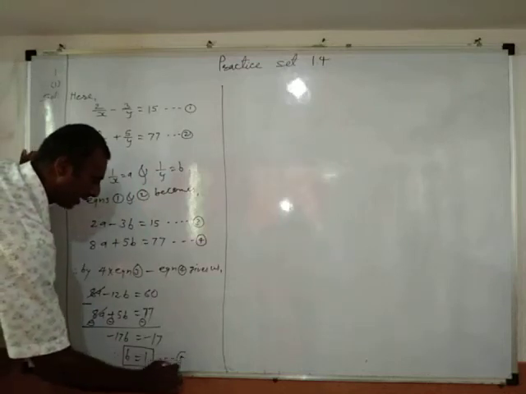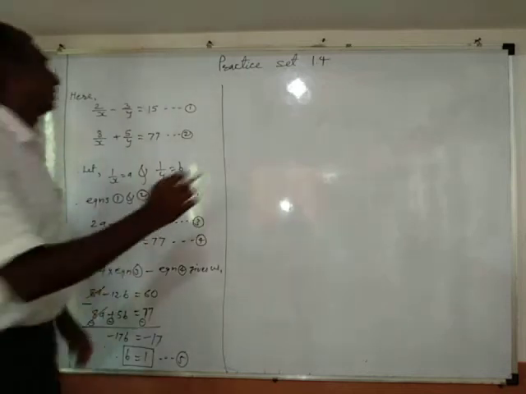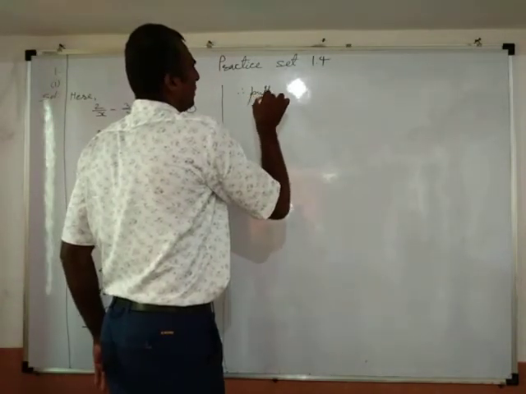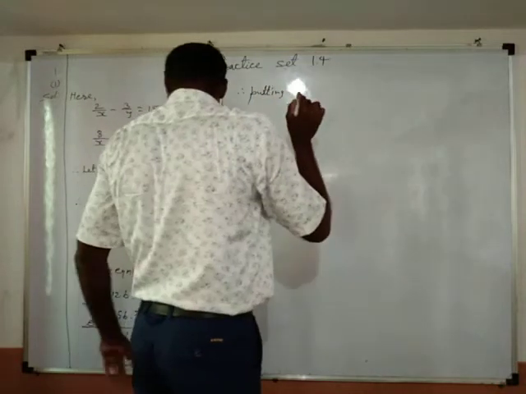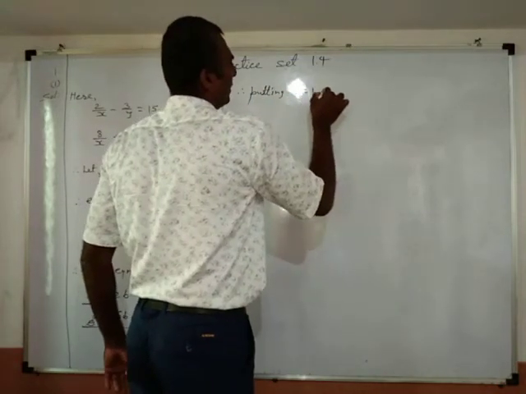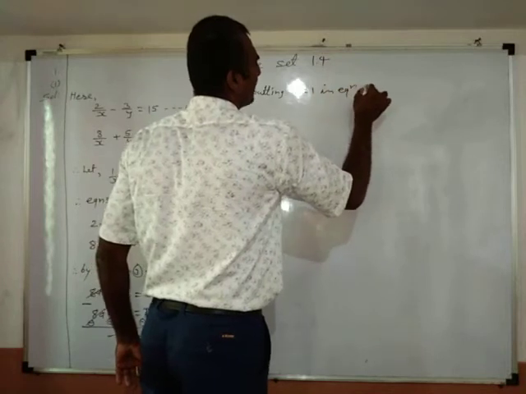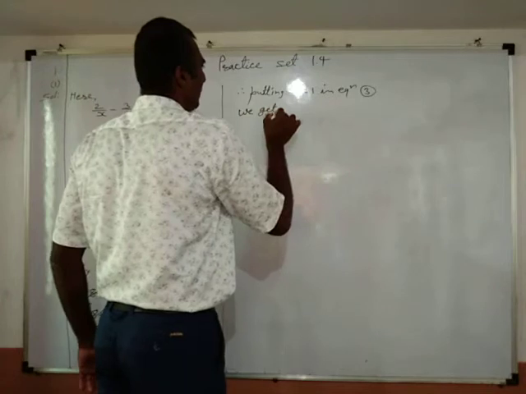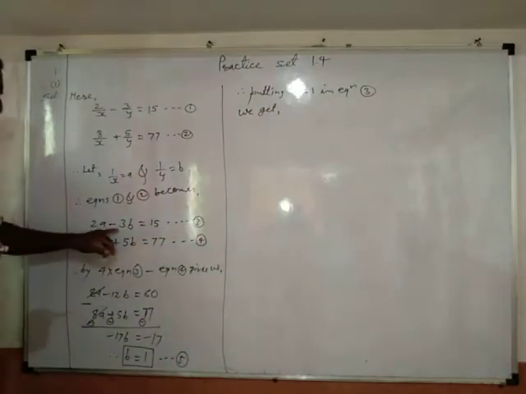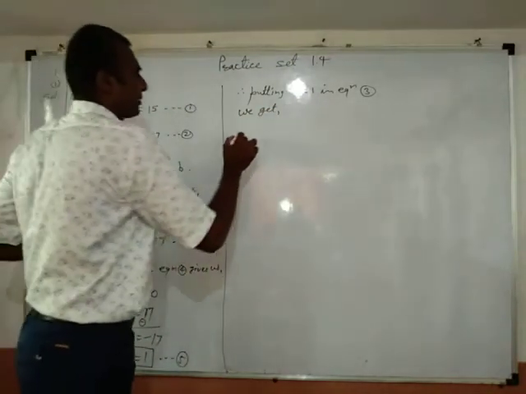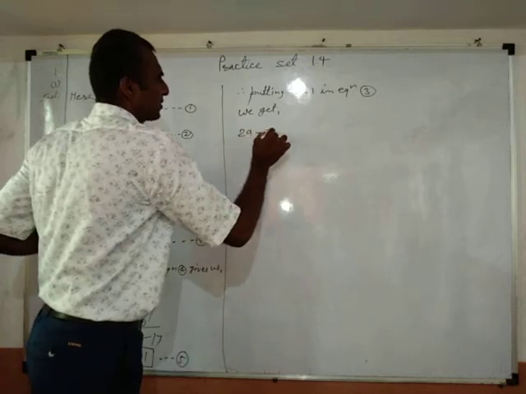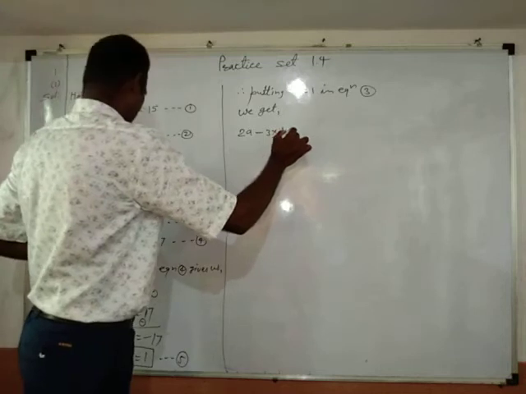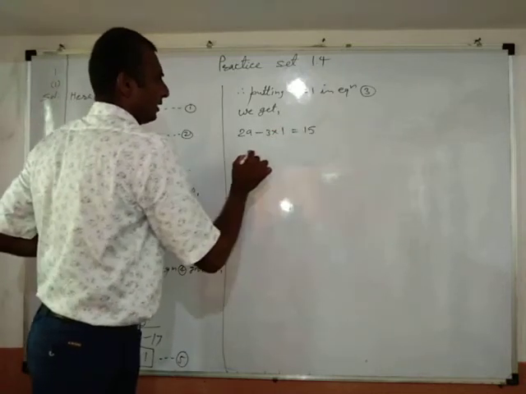Let's call it equation 5, and therefore putting b equals 1 in equation 3, what do we get? 2a minus 3 into b, and the value of b is 1, equals 15.